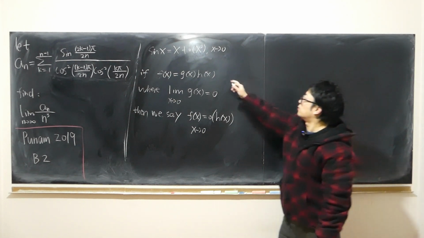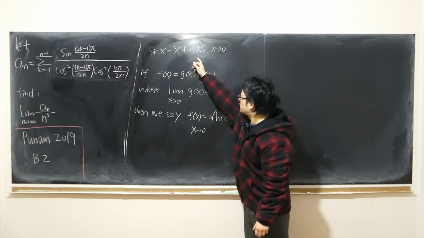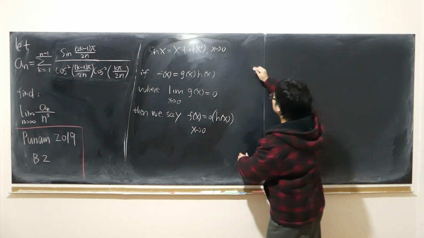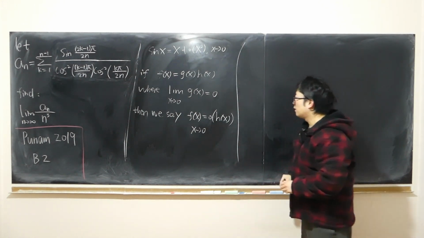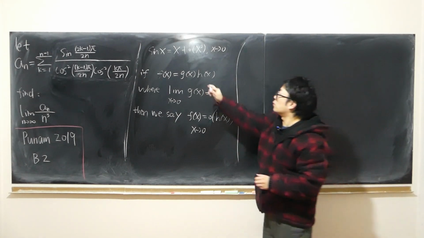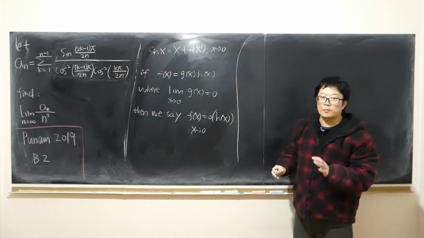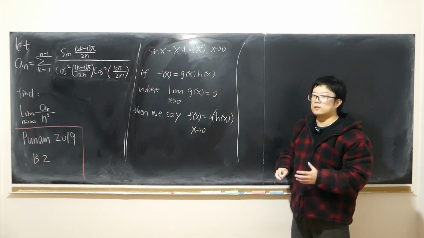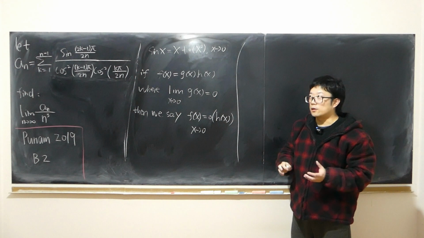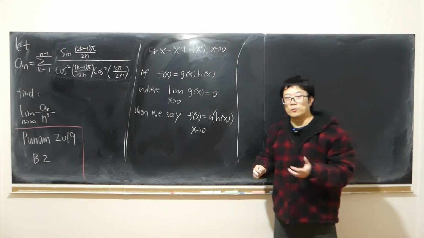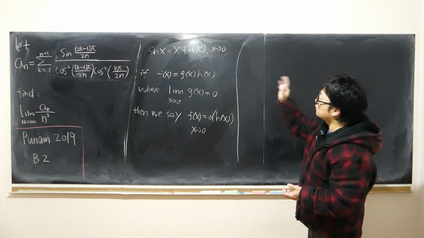So this term approaches 0 faster than x squared. So in this case, the reason I only write down those 2 terms instead of 3 terms is because when I expanded into 3 terms, in the end, it turns out that many other terms did not play a major role, right? Could be omitted.